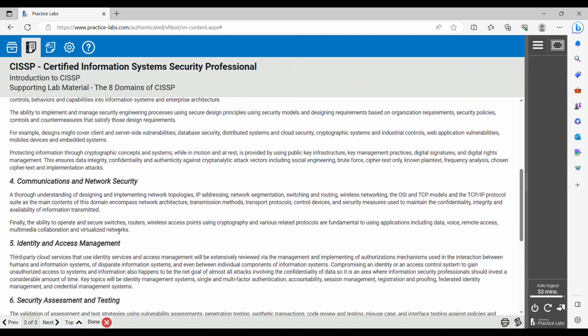Number 4, communication and network security.